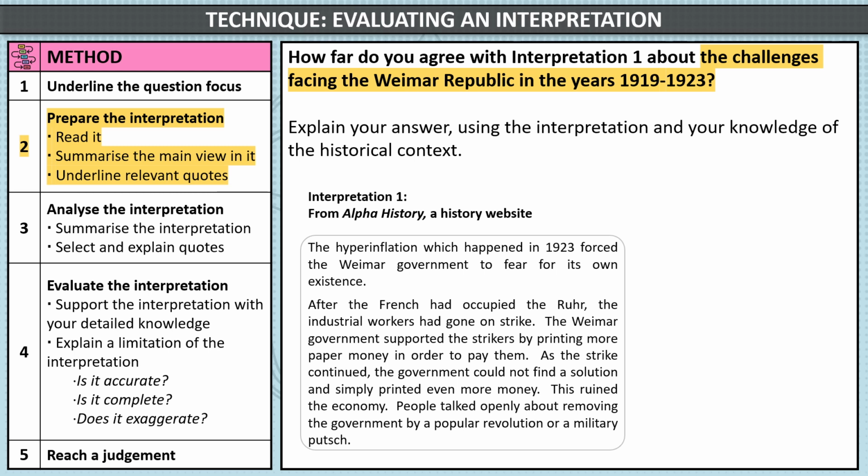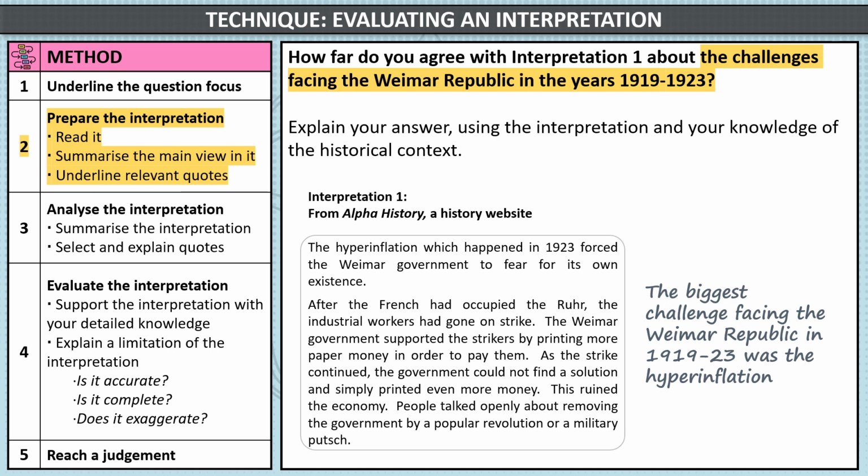Now in this case, the interpretation seems to be focusing on one of the big challenges the Weimar Republic faced, hyperinflation. So I'll write that alongside the interpretation so that I don't forget it. Next, I'll underline any points or quotes which are relevant to this.